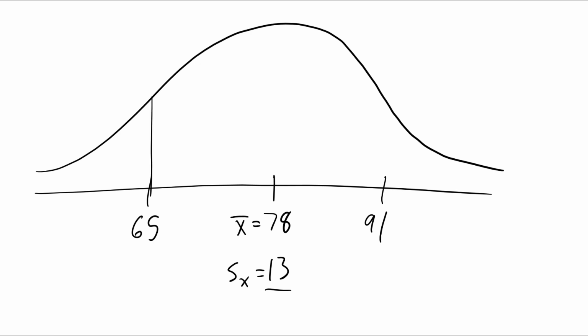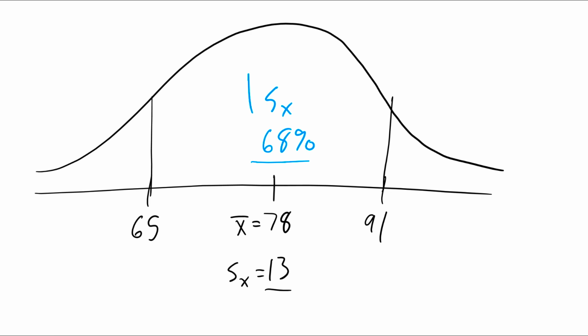And so that right there we would say is one standard deviation of the mean, 1 S sub x. And within that range is going to be about 68% of our data. So that's a general rule of thumb. It's likely not exactly true for our data, but it should be pretty close if the data is normally distributed.